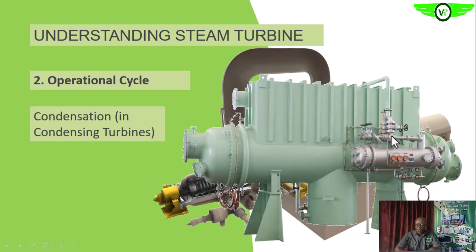Okay, so to help us to remove those non-condensables and help us to create that vacuum, especially during startup of the steam turbine, you see that we have a vacuum system. Okay, so this vacuum system, you see that it is connected to the part that is connected to the exhaust of your steam turbine.